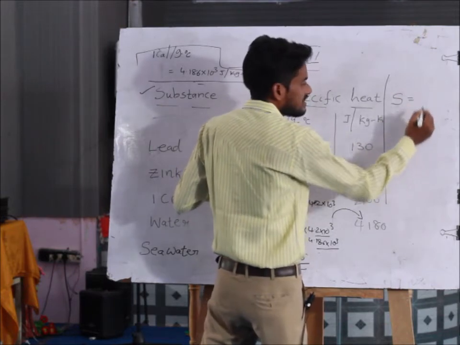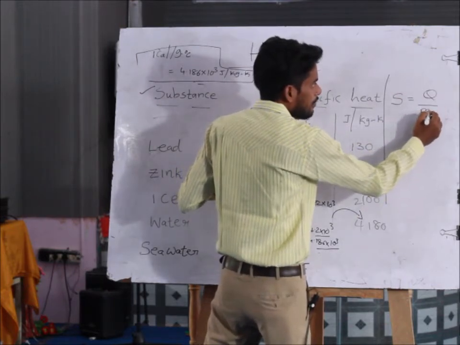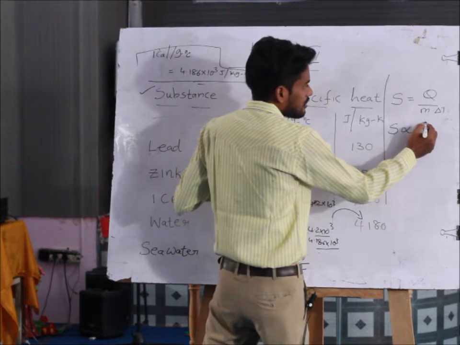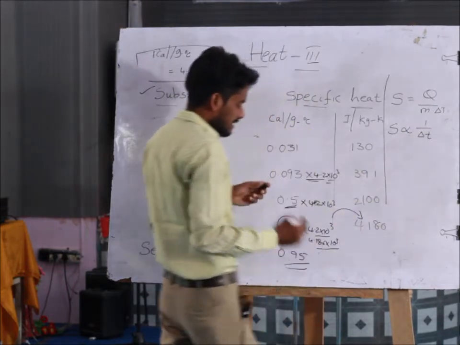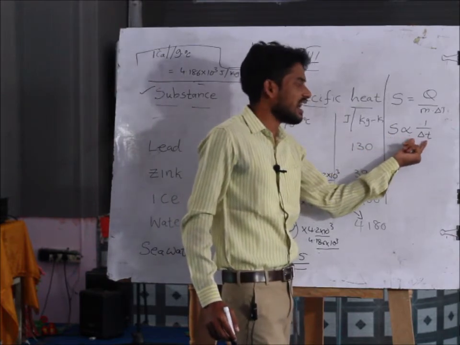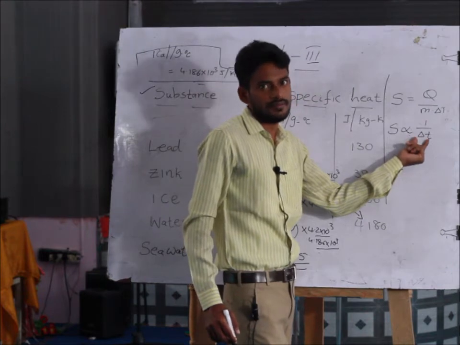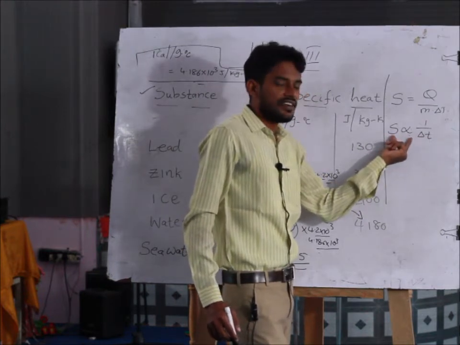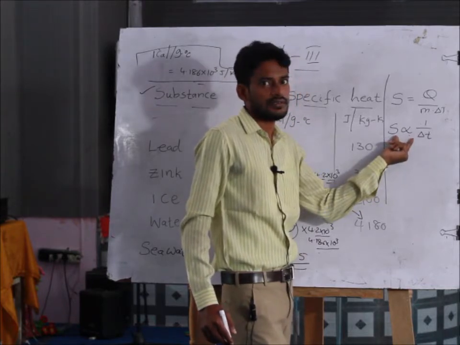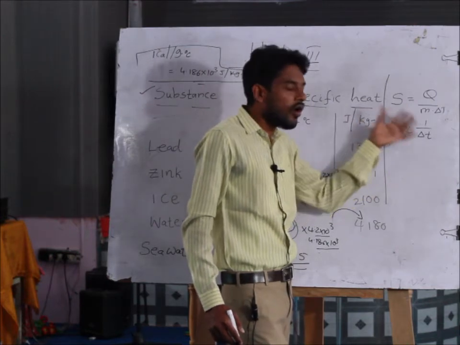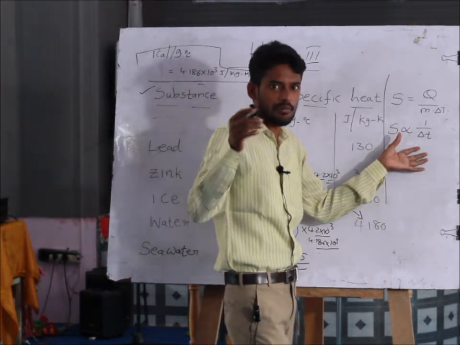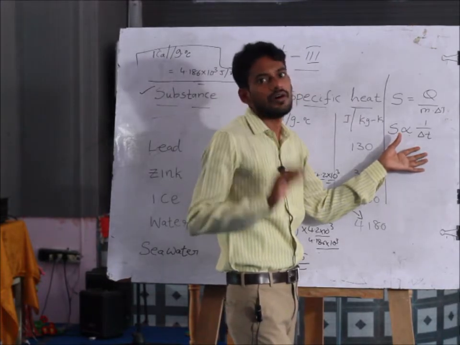Specific heat formula: S equal to Q by M delta T. S is inversely proportional to delta T. That means when specific heat is high, the rise or fall of temperature is low. Because the relation between specific heat and temperature change is inversely proportional. Specific heat is more, which is nothing but the rise or fall in temperature is low.